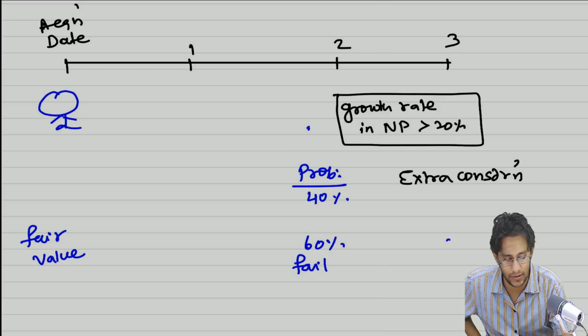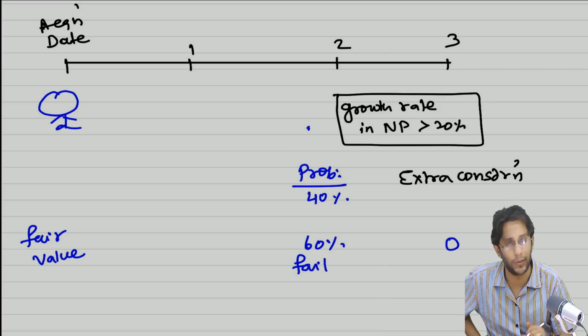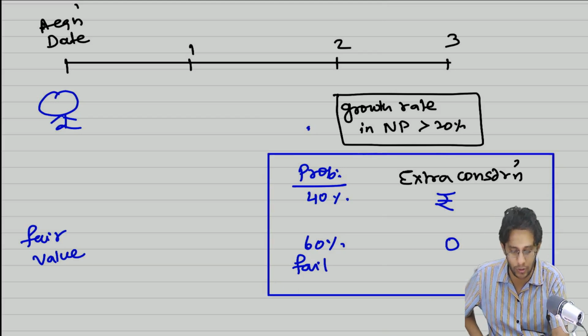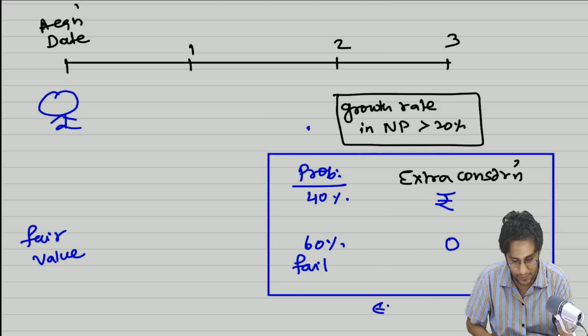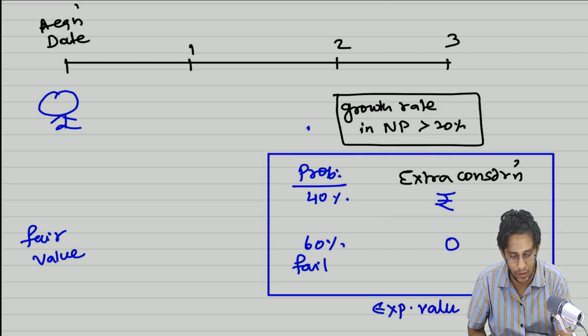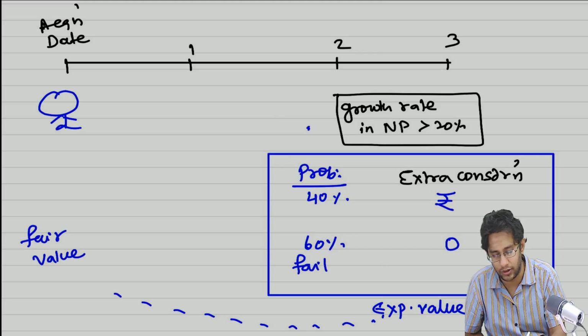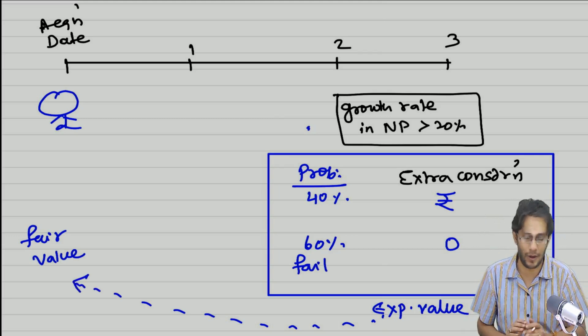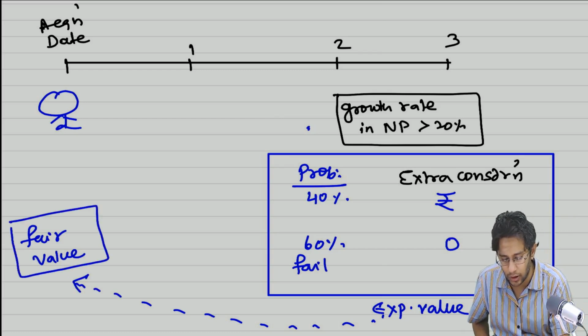So if the 60% happens, I need not pay anything. If the 40% happens, then I have to pay something. So work out an expected value: 40% into the amount plus 60% into 0. The expected value will come. This amount you will discount to today because you are standing as on today. That discounted value is called the fair value. This the question will give you, sir. You need not bother about this.